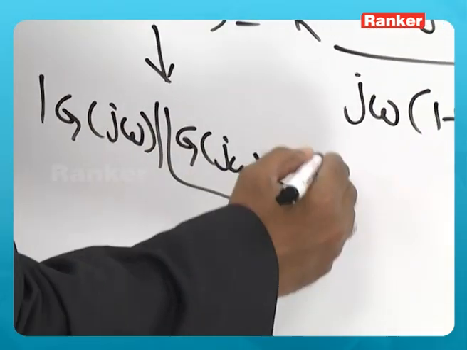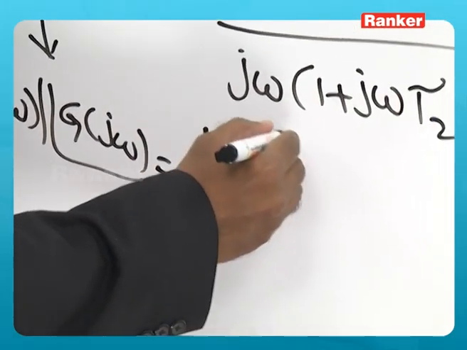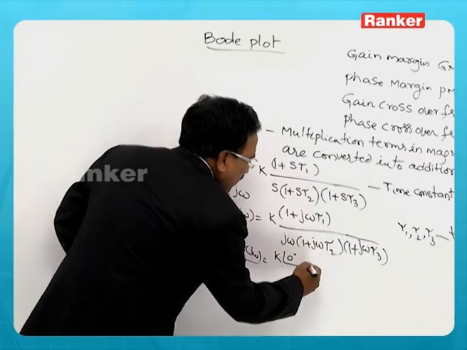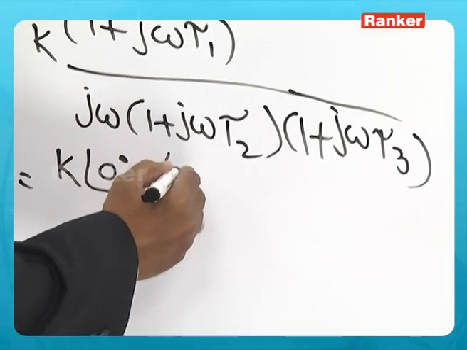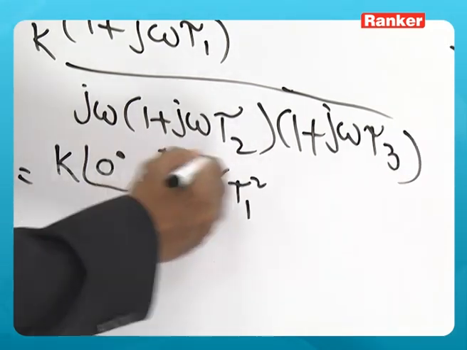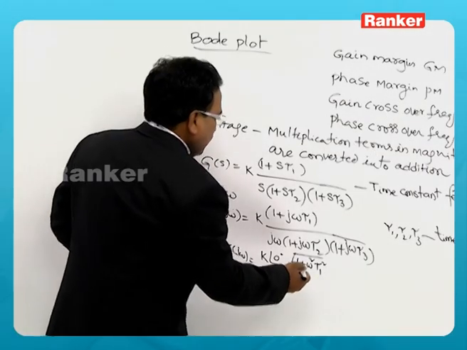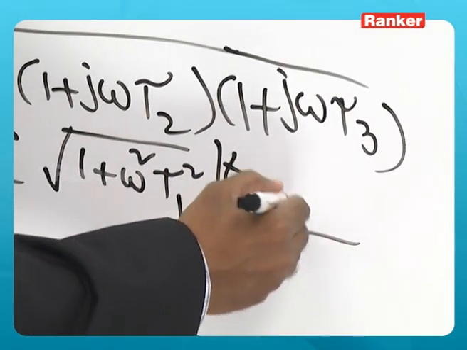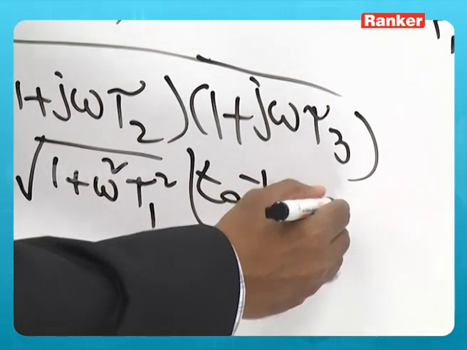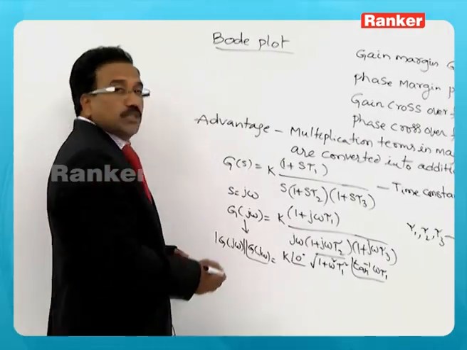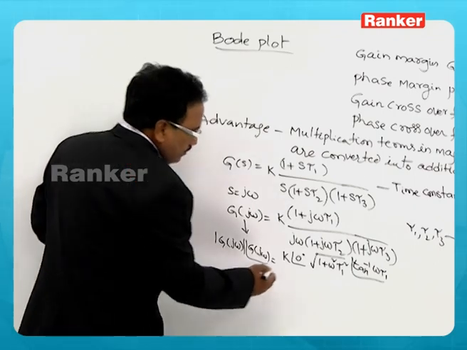That means K is represented by K at an angle of 0, and for 1 plus j omega tau 1, its magnitude is square root of 1 plus omega square tau 1 square. Then the phase angle is tan inverse omega tau 1. There is no denominator in the phase angle term, because it is written in time constant form.